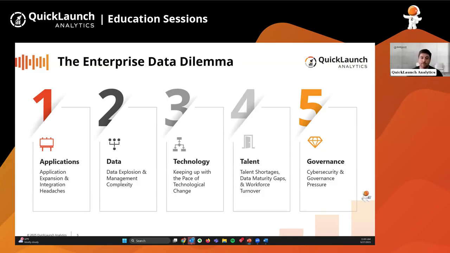Next, growing data volumes and complexities keep exploding, which makes manual analysis cruel, if not impossible. And next, technology keeps evolving at a rapid rate, whether it's cloud or AI or new analytics approaches. You're constantly trying to keep up with the trends, right?